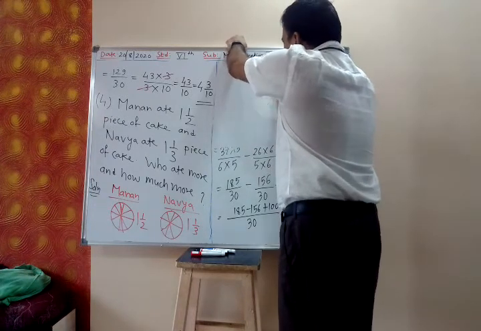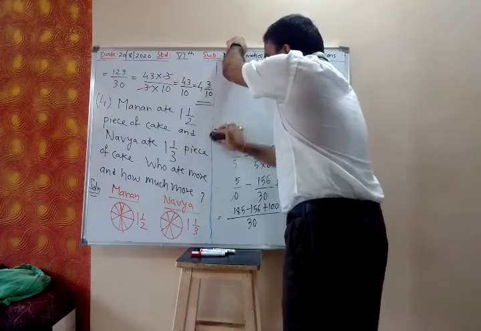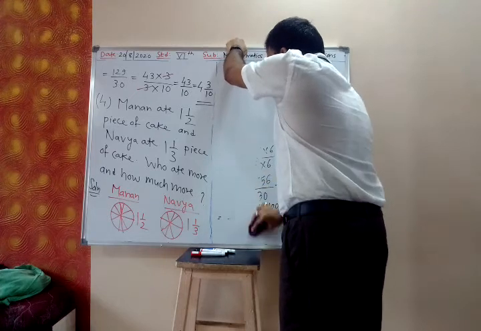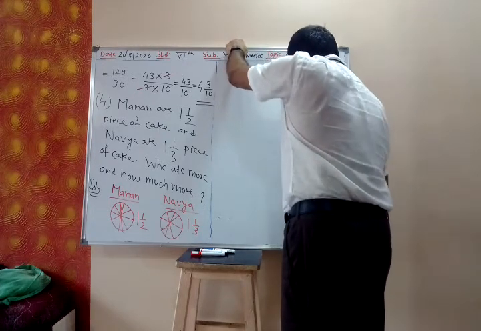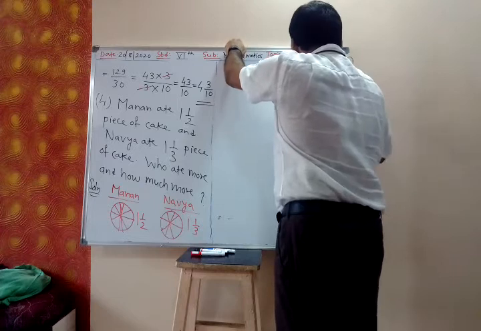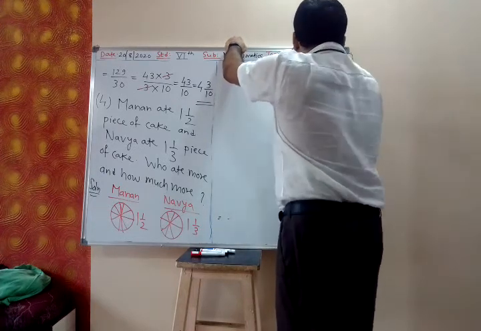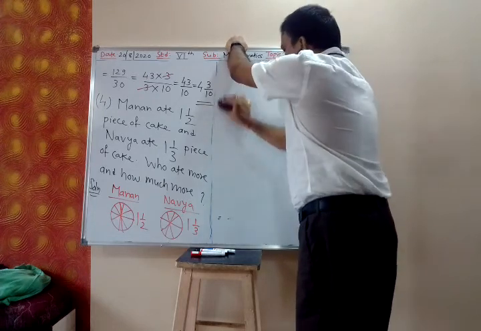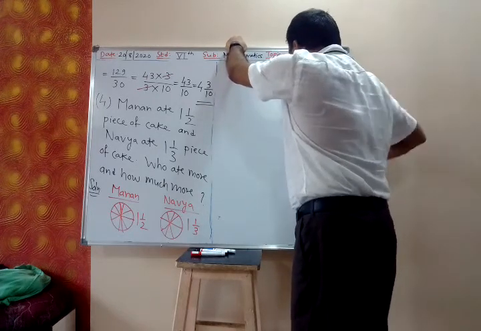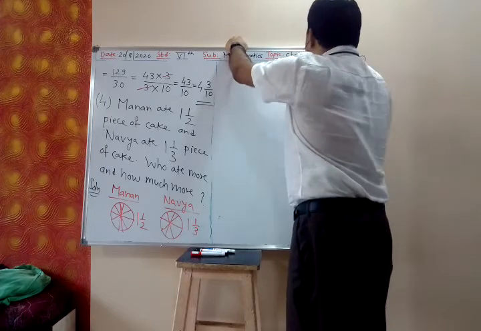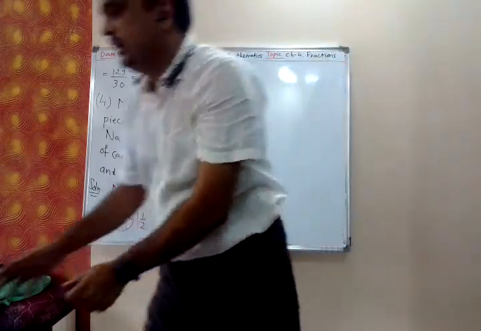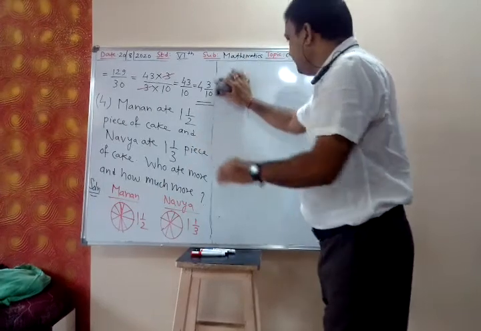So see here, they ate pieces of cake. It is given in the mixed fraction form. So you have to first convert them into improper fractions, and then you have to decide which fraction is bigger.